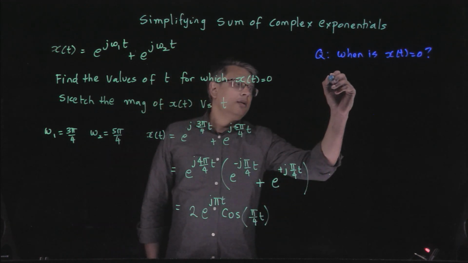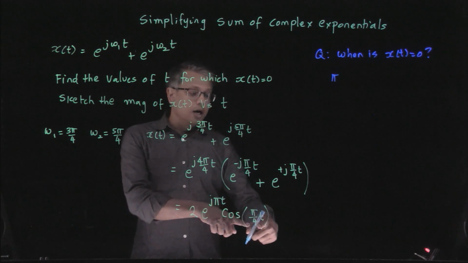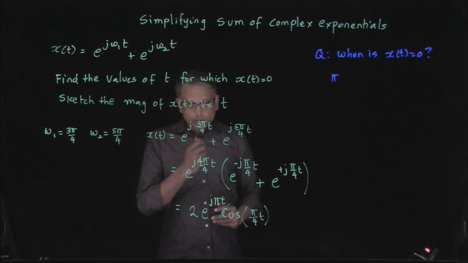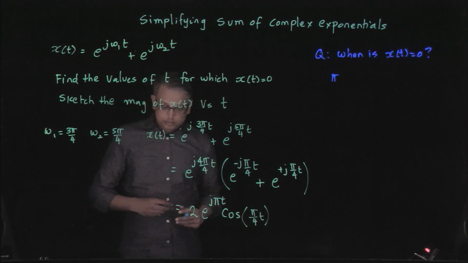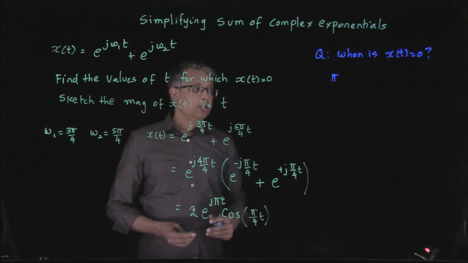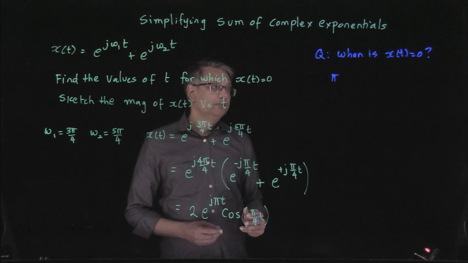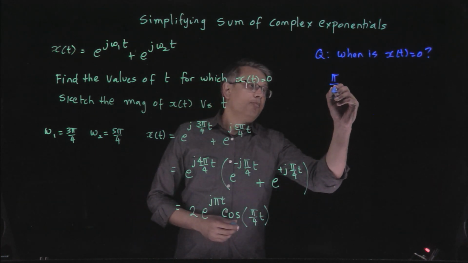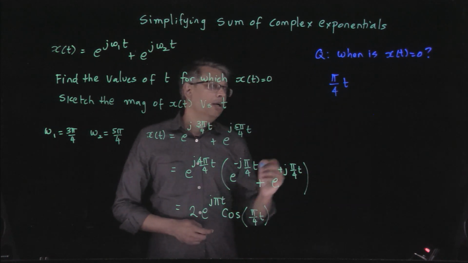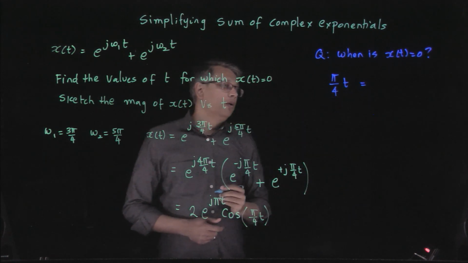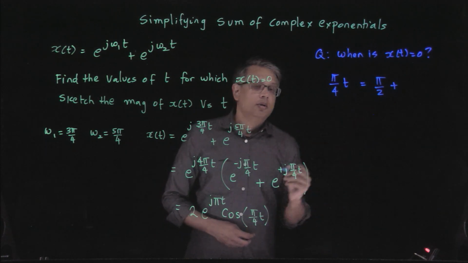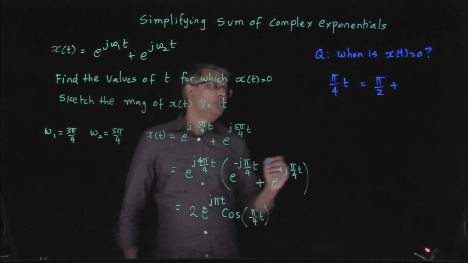And we know that cosine goes to 0 if the argument of the cosine is either pi over 2 or 3 pi over 2, so on and so forth. Right? So what we want is pi over 4 times t to be equal to pi over 2 plus some integer multiple of pi.